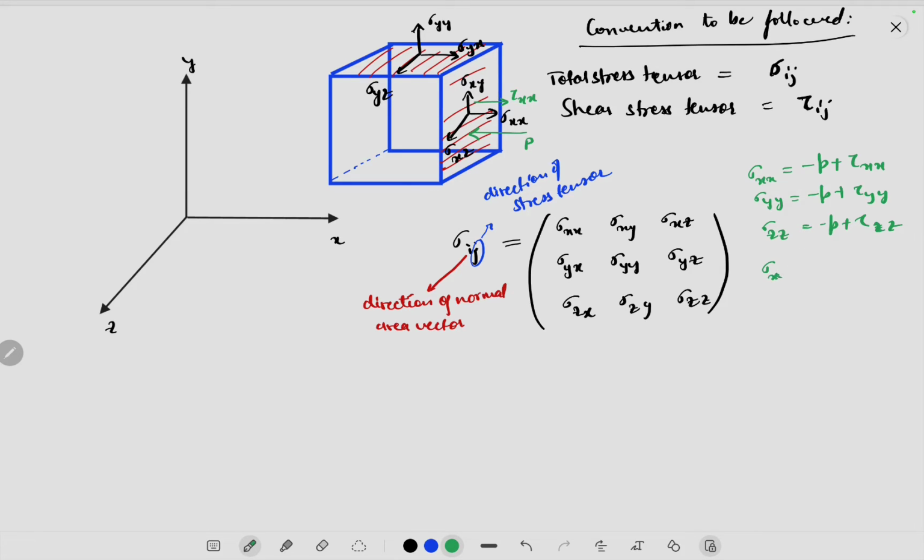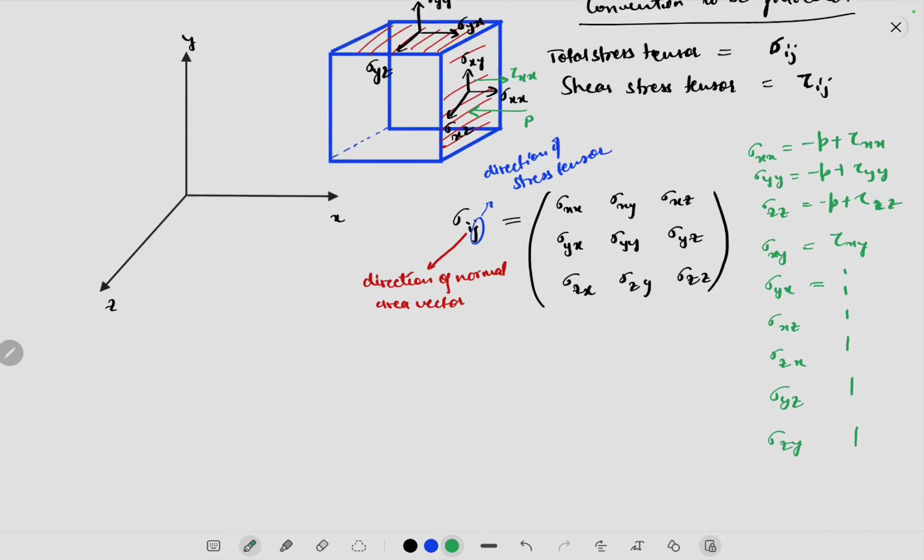Since p will be acting along sigma xx, sigma yy, sigma zz only, the other terms like xy, yx, xz, zx, yz, zy will not contain p, and they will just contain tau.